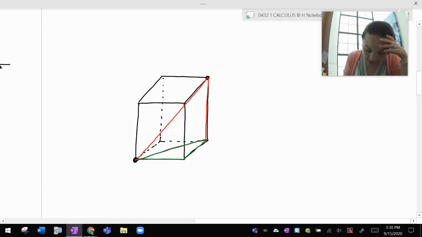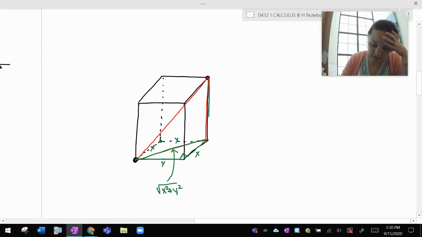So let's say that this right here is the origin. That means that this would be an x distance right here, which is also over there. And this would be a y distance, which is also over here. And if this is a rectangular prism, that's a right angle. And so this hypotenuse would be the square root of x squared plus y squared.